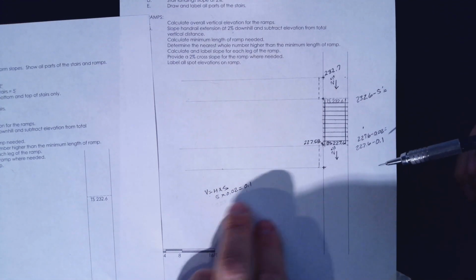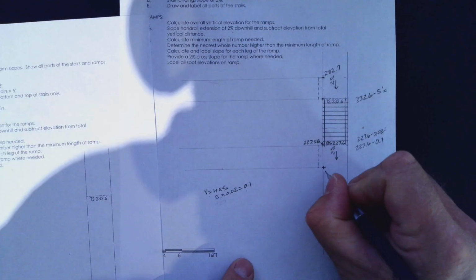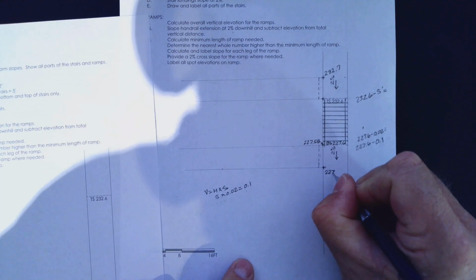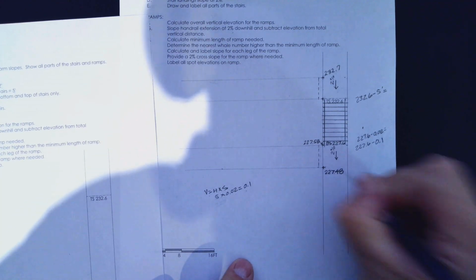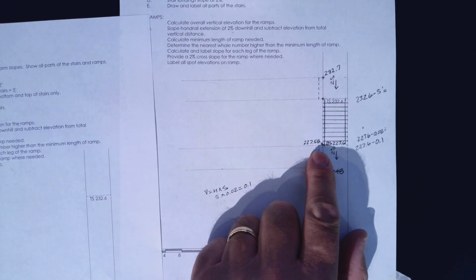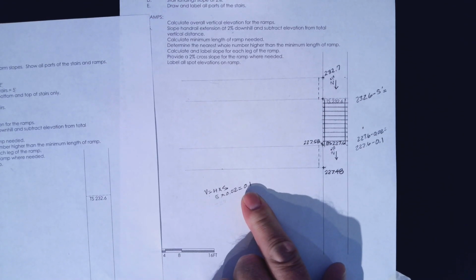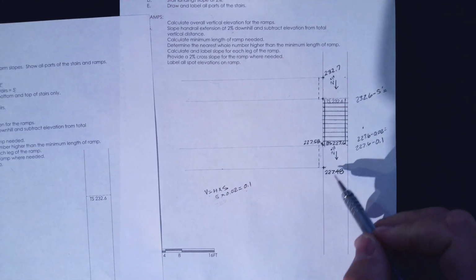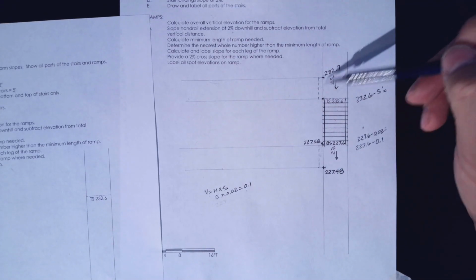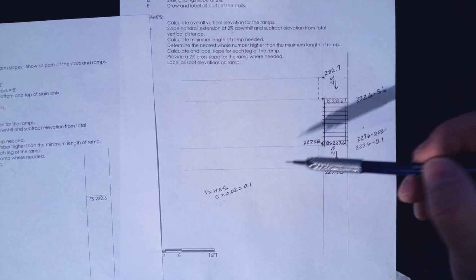So we subtract 0.1 and we get 227.48. So 227.58 minus 0.1 equals 227.48.